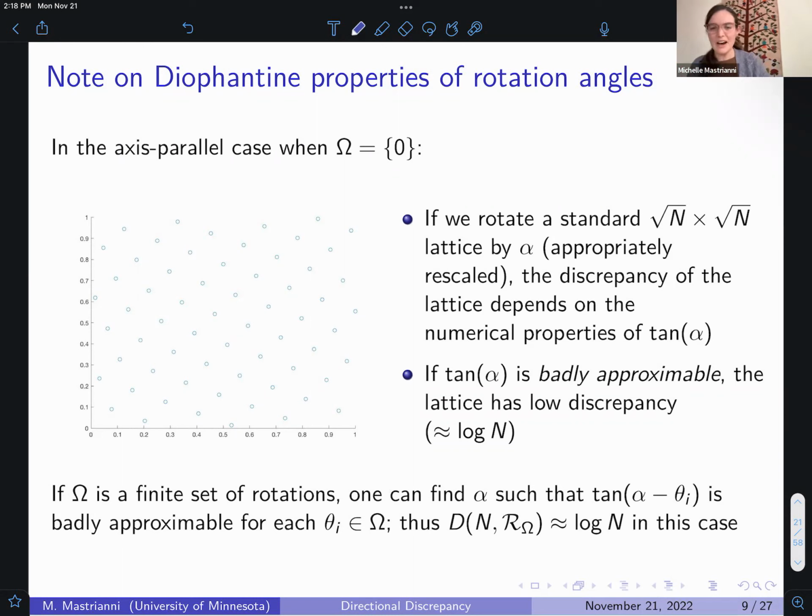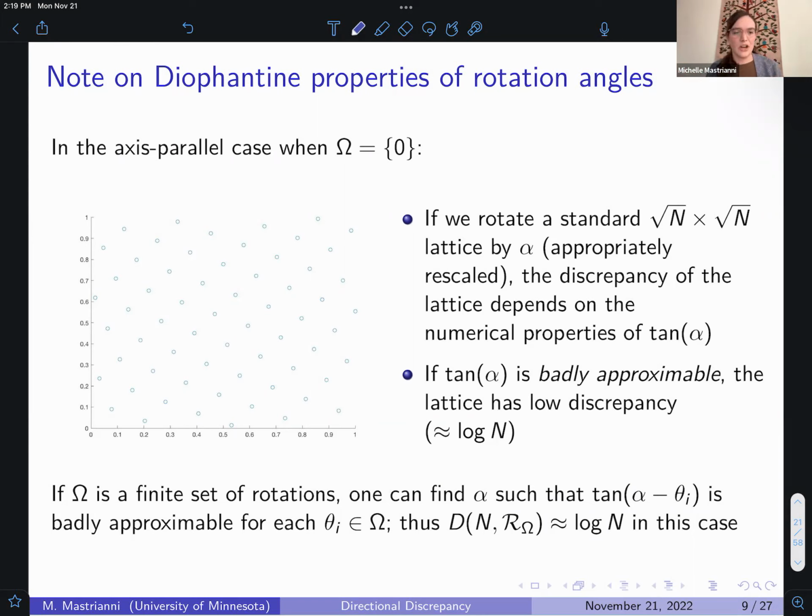In general, the discrepancy of these rotated lattices depends on how badly approximable that tangent is. So the resulting power of the log is going to depend on those numerical approximation properties.